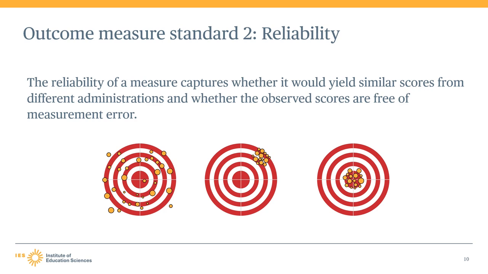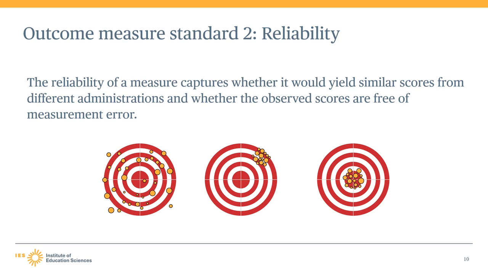The center of the target represents the concepts that the outcome measure claims to measure. An outcome measure with reliability produces measurements that hit the target consistently and in the same general area. Two of these images represent an outcome measure with reliability. The first target represents a measure that is not reliable because the results are scattered across the whole target.